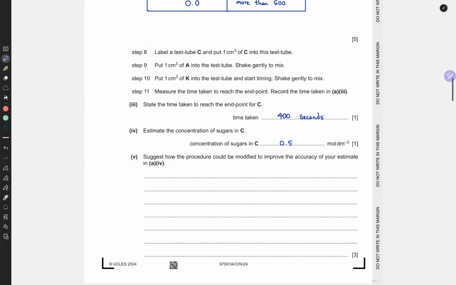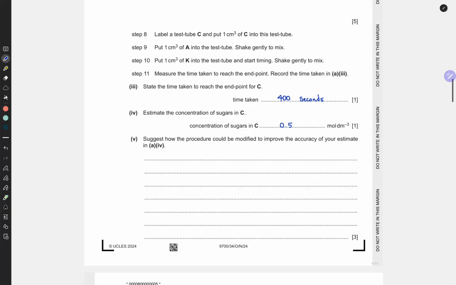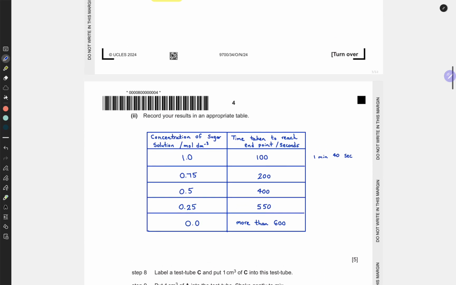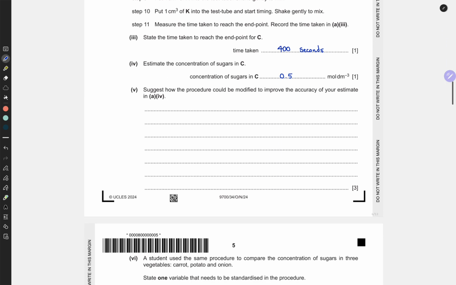For question V, suggest how the procedure could be modified to improve the accuracy of your estimate in AIV. So the concentration. Of course, the endpoint is a change in color, so it's subjective.